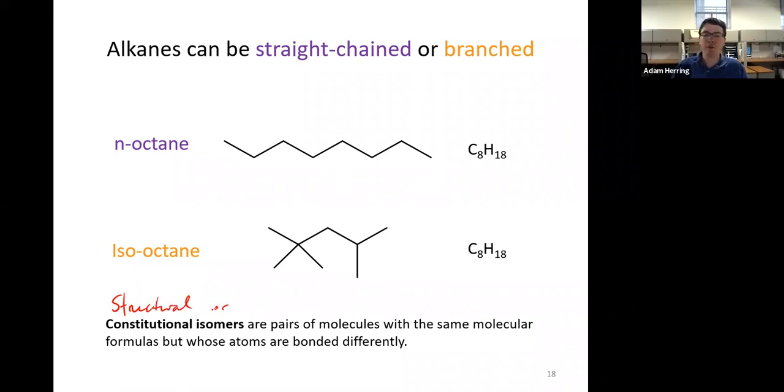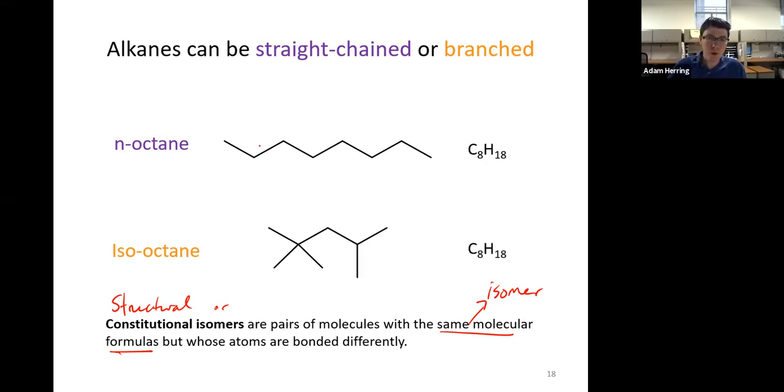These are molecules that have the same molecular formula, therefore they are isomers, but they have different bonding arrangements, different patterns of connectivity.